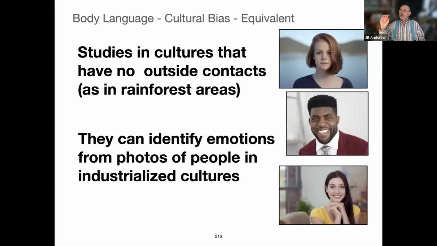These people that have been confined in the rainforest can tell you, oh, that's a happy person. That's a sad person, et cetera, et cetera. So it's an argument for some of the features of body language being universal. Identifying emotions from photographs of people not in your culture.